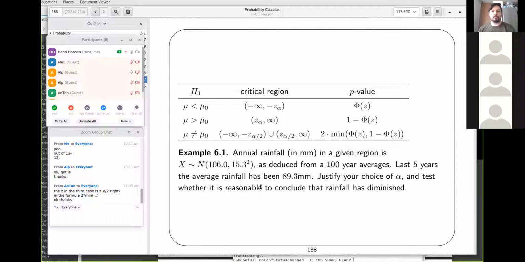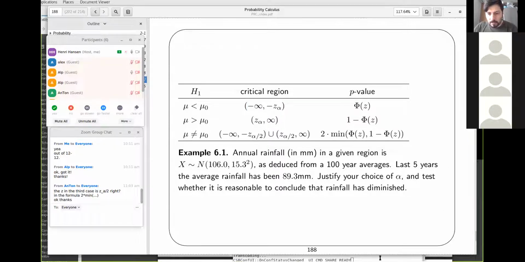Test whether it's reasonable to conclude that the rainfall has diminished. So now we want to determine z alpha. Given that we've chosen alpha, my alpha is 0.05, so I'm going to look for z 0.05, and that's this critical region here.